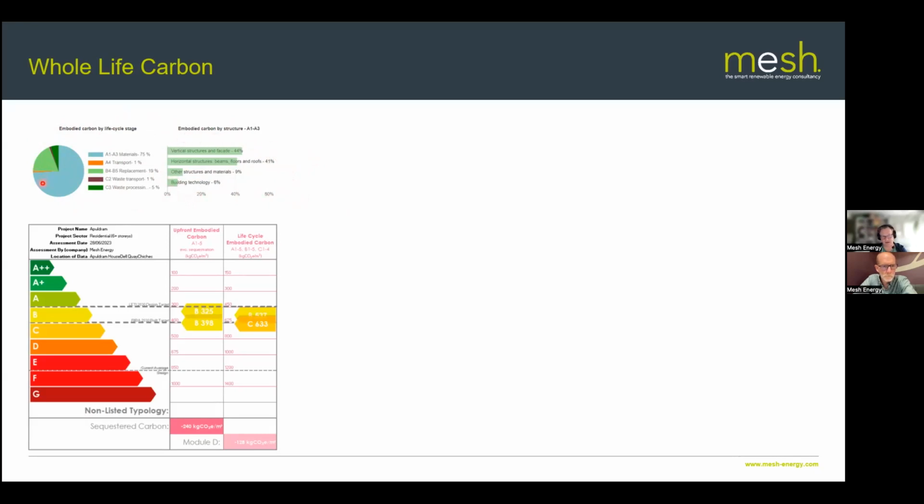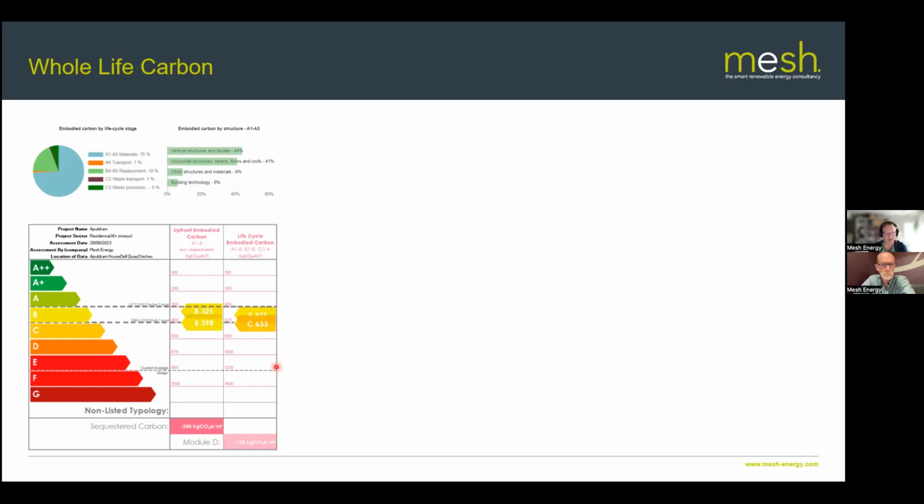So this is, again, just to recap, a solid brick 100-year-old property. It's got minimal technology. It's an oil-fired boiler with radiators, and so most of the materials are taken up in the external walls, internal floors, roof, and so on and so forth.